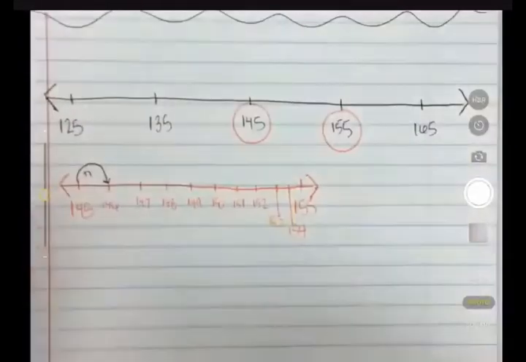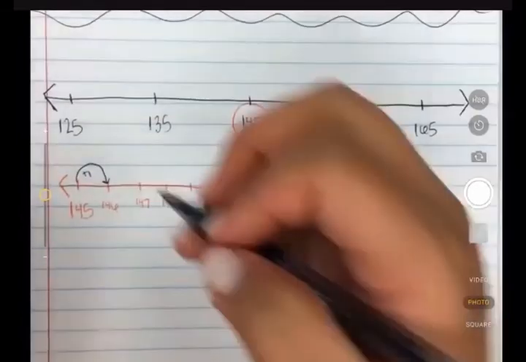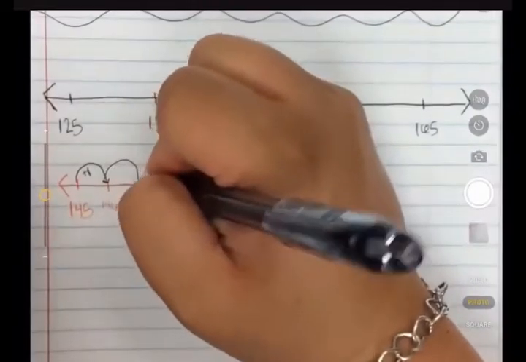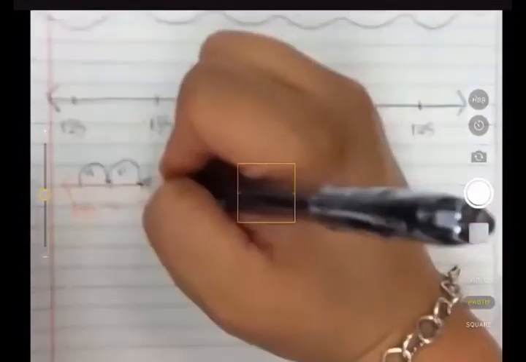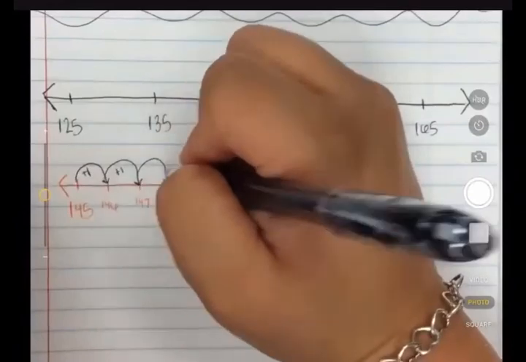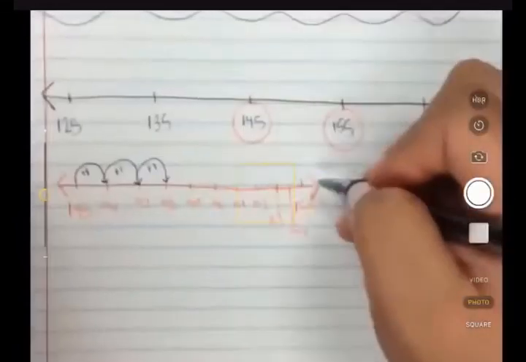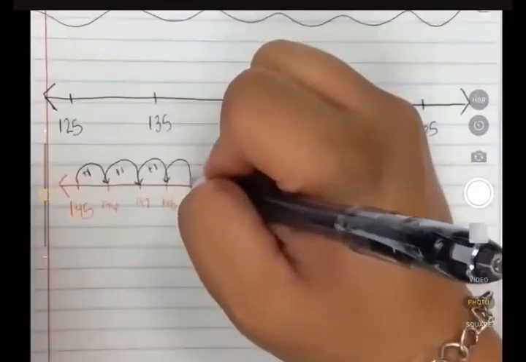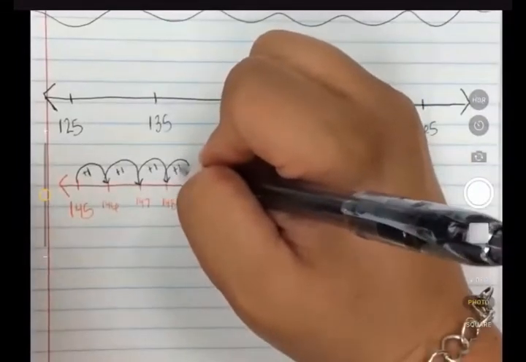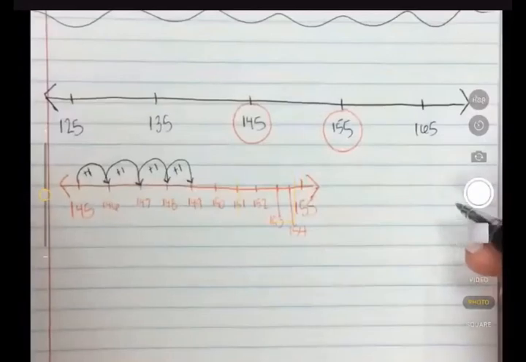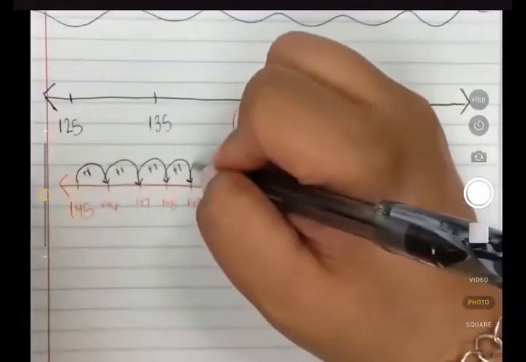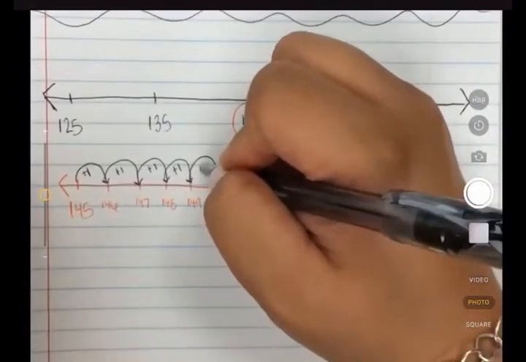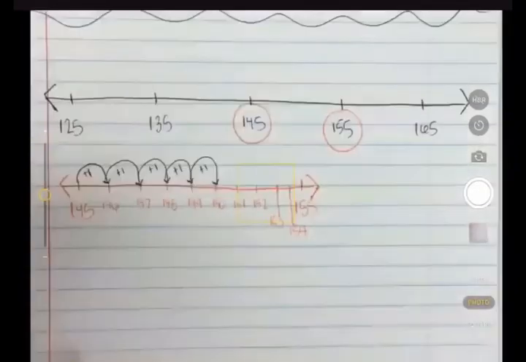Because remember, when we move to the right, we're adding. 146 to 147, that's plus 1. 147 to 148 is plus 1. 148 to 149 plus 1. 149 to 150 is plus 1. I'll give you a second to catch up.